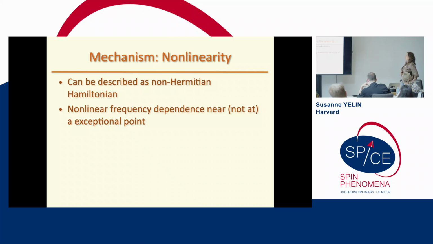But what comes out of that is that we get a nonlinear frequency dependence, which is actually near an exceptional point, but it is not a typical exceptional point nonlinearity, because those are actually very unstable. What we have is very stable. But it turns out that the parameter regions where you get exceptional points and what works for us are very similar. So I just show you the end.